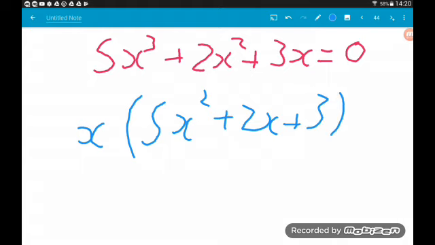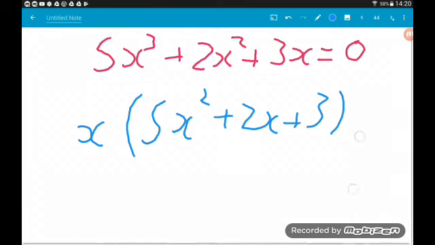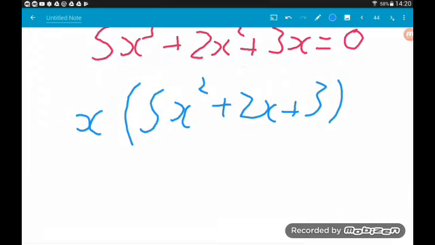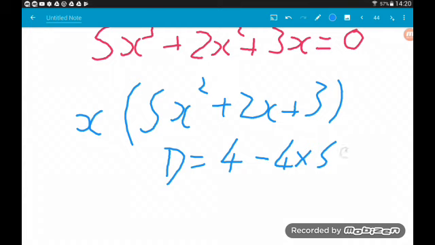So that's not looking like a very nice quadratic factor. So let's find the discriminant. Here the discriminant is going to be 2 squared, so 4 minus 4 times 5 times 3.